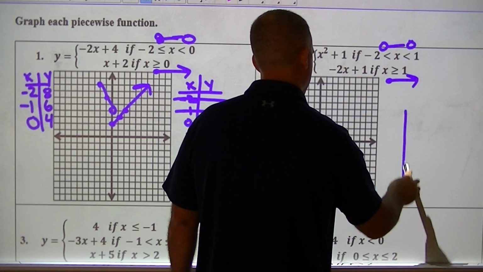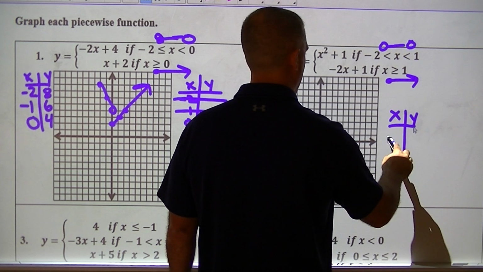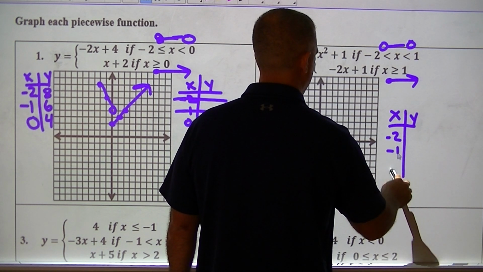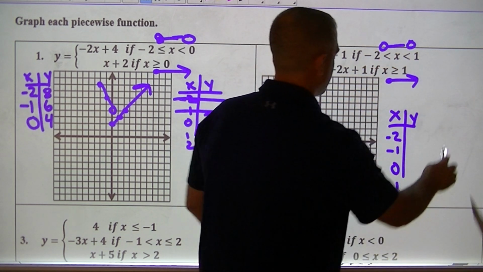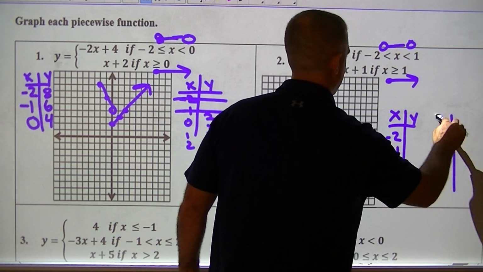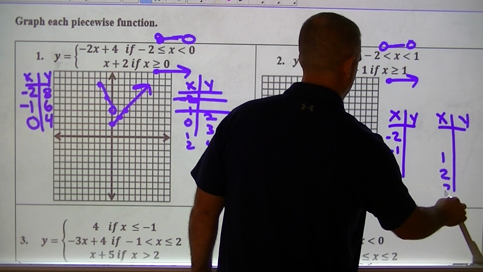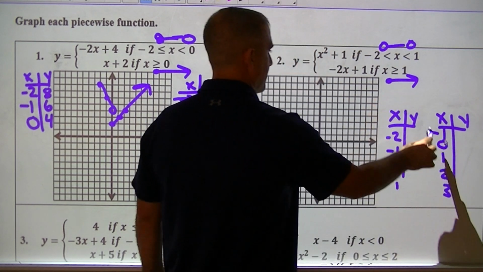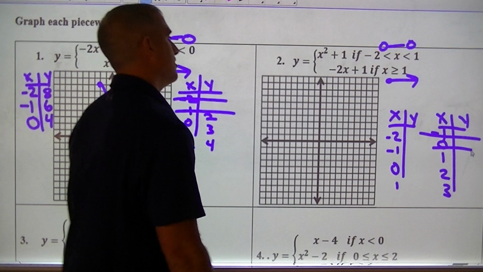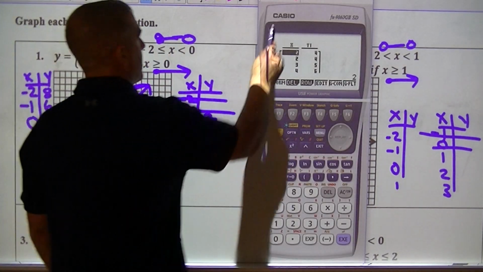So this first one, I'm going to work from -2, -1, 0, and 1 because it's one of those. This one, since it's a line, I'm going to build off the condition. Now, I know that it's got to be greater than, so those are out. So now I'm going to build the table.